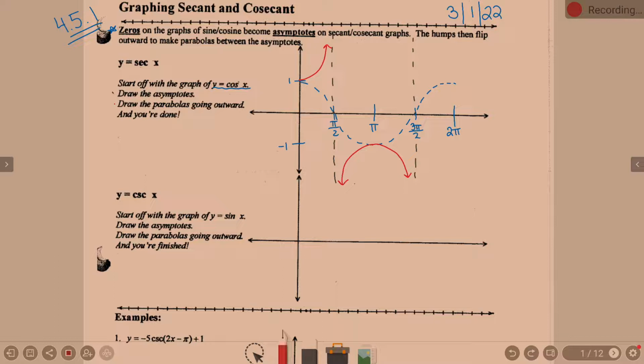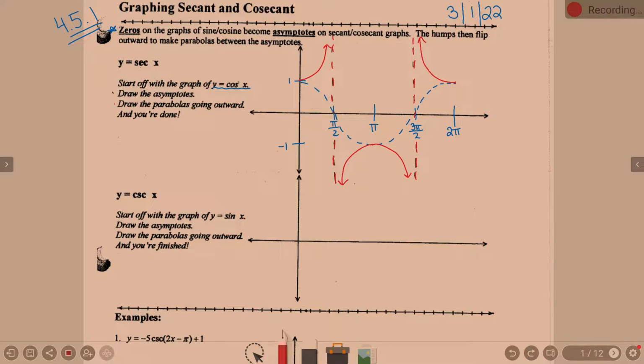So here's a half, here's 1, and then from 3 pi over 2 to 2 pi, there's half of a hill, right? So when I flip that upside down, there's going to be half of a parabola. This right here, what's in the red, and I guess maybe I should have had my asymptotes in red, but this right here is what the secant curve looks like.